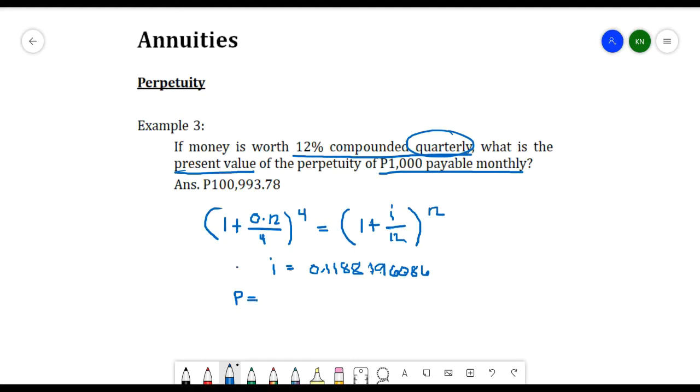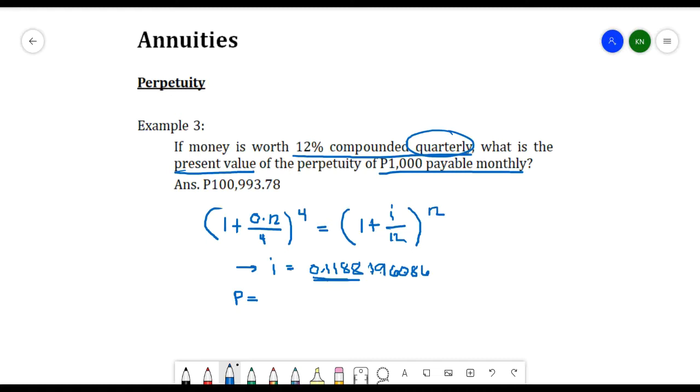If you round your interest rate, you'll get a very different answer, a very big difference in the actual present worth compared to the rounded interest rate. So we'll just use the interest as is.